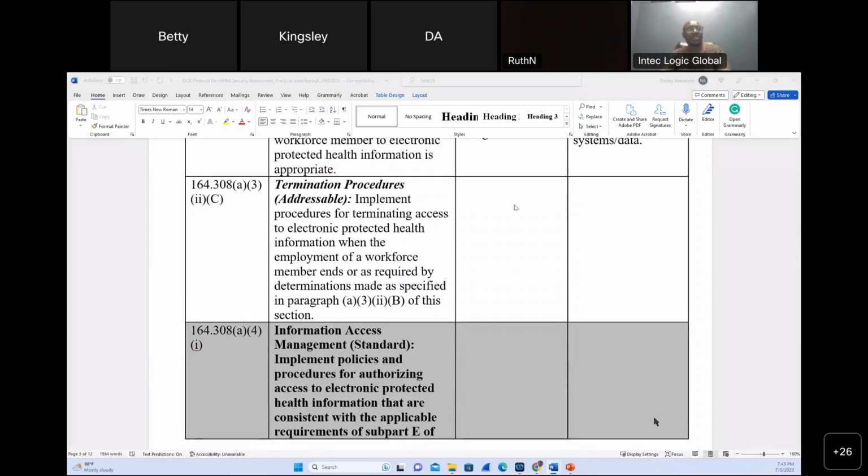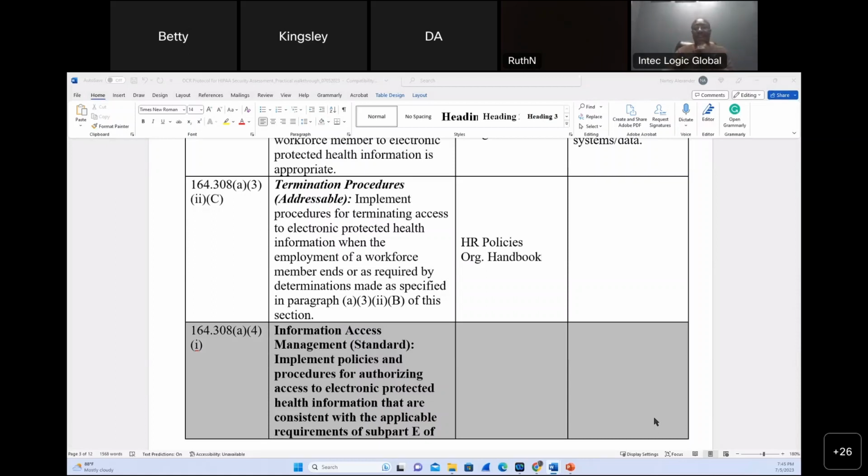Yes, so mostly HR. So in this case, when you are doing a HIPAA security assessment, some of these questions have to be directed to HR. It's not the HIPAA security officer you are interviewing or working with. It's HR that you need to interview and ask about some of these questions. So what do you want to see here under the termination process?